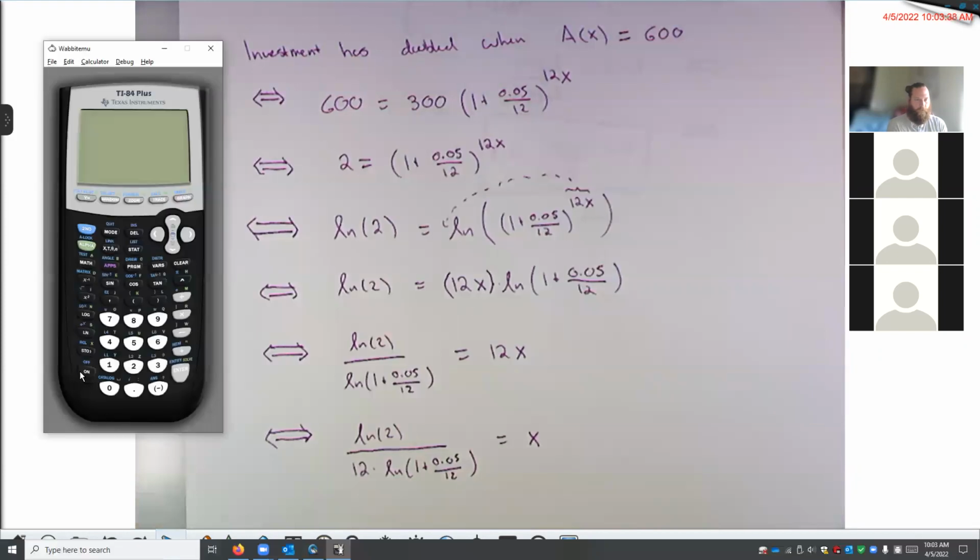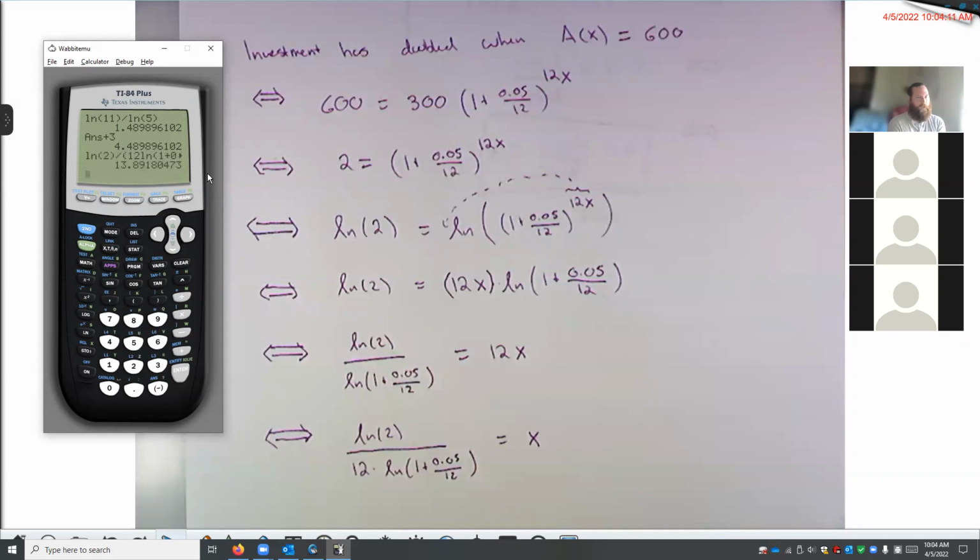And if I want a decimal approximation for this answer, I can type the natural log of 2, close parentheses, and divide by. And now I'm going to open up parentheses downstairs in the calculator because I'm going to type all of this stuff, and I want to make sure that the calculator puts all of that stuff in the denominator. So open paren, 12 times the natural log of 1 plus 0.05 over 12, and close.